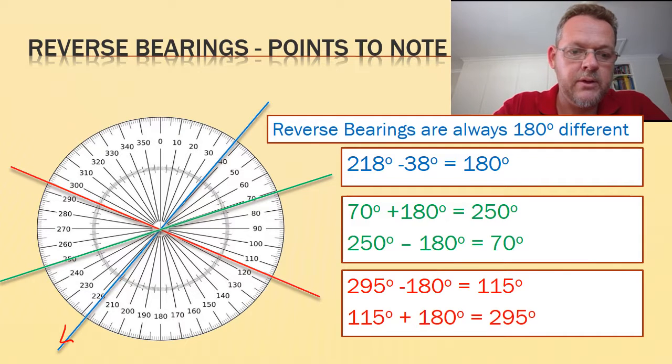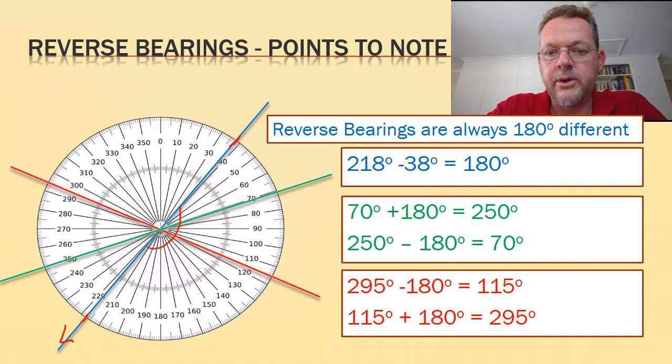We're going this way, it measures 218 degrees. So the opposite is a straight line away, which is minus 180 to get 38. I noticed that this one was bigger than 180, so if I minus 180 from it, I should get 38. So the important concept is that reverse bearings are 180 degrees different.